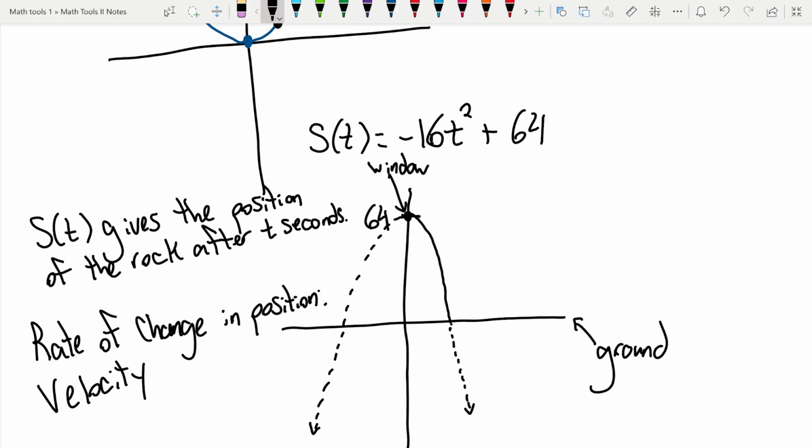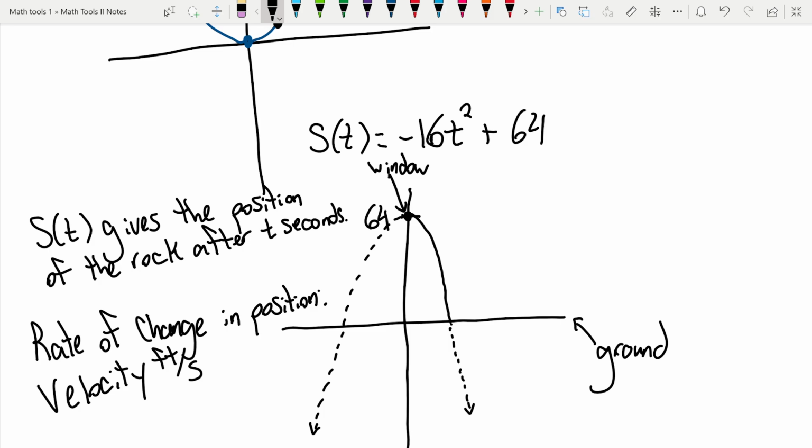Velocity tells you how fast the object is moving, so it's the rate of change in position. This one is given in feet, and t is in seconds, so velocity would be in feet per second, right?